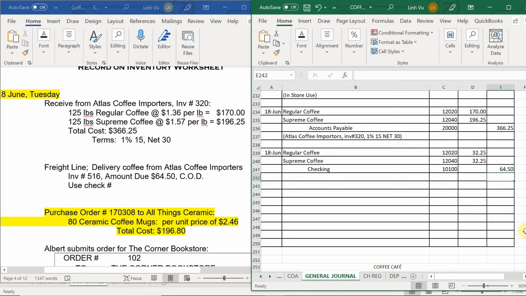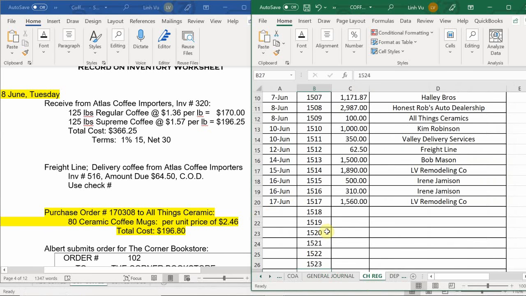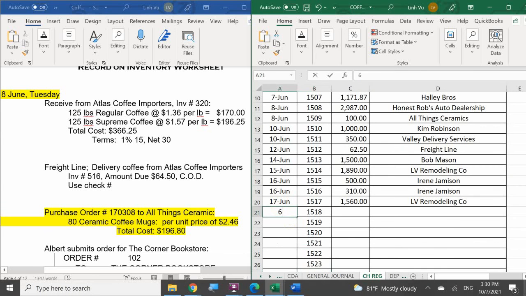Okay. So because we don't have cash on hand and we need to write a check from our checking account, we have to use the next check number. We go to the register, and so we have check number 1518, and it is for Atlas. No, for delivery. Who delivered this to us?